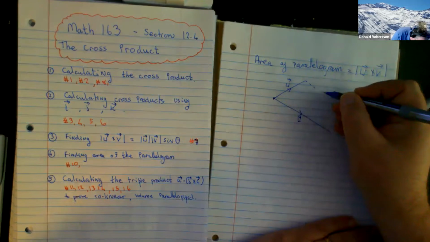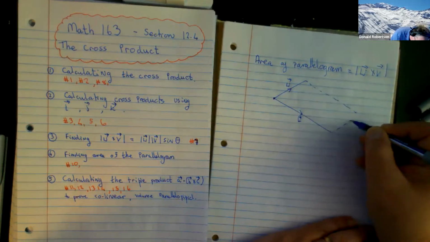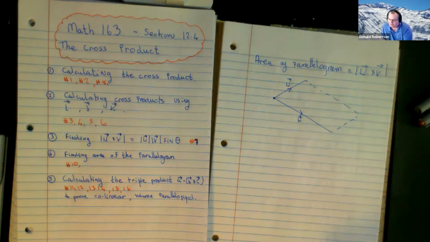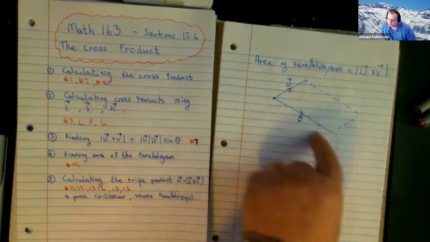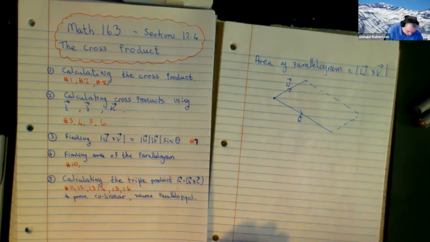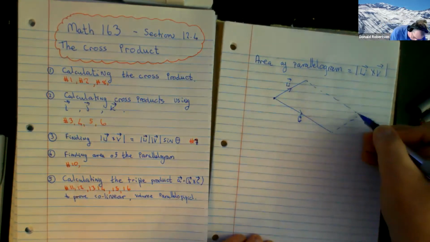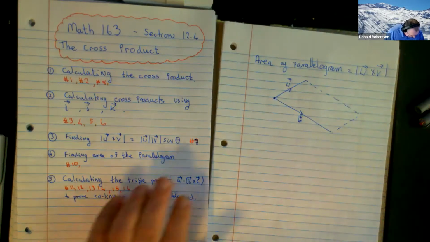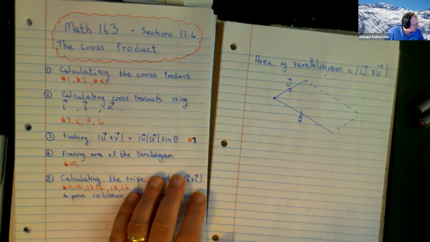If you add in another parallel line this way and a parallel line that way, that is the parallelogram that we are finding the area of. So it's made up of two sides, but that's all you need, right? Because won't this be the same length in parallel, same length in parallel? You've got your shape. Now the version of that that I've got here is 10. So they add a little extra, I think. Yes, they do.